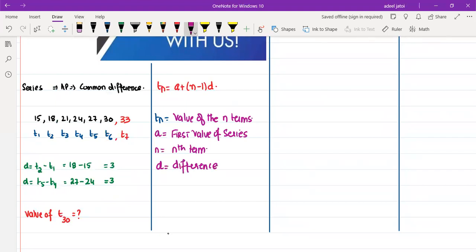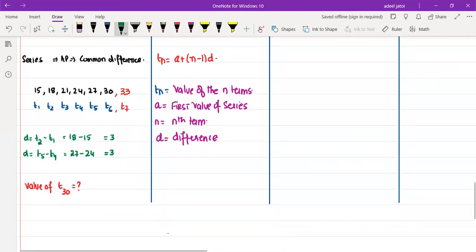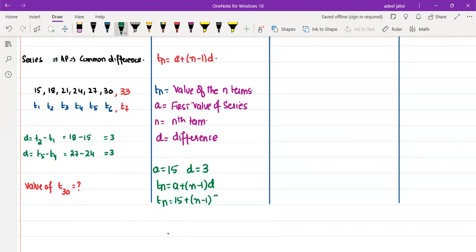So these are the 4 things in the formula which can be used to find the formula or expression for the given series with the common difference. Let's say that A is 15 and D is 3. So Tn is equal to A plus n minus 1 D, so Tn is 15 plus n minus 1 times 3.